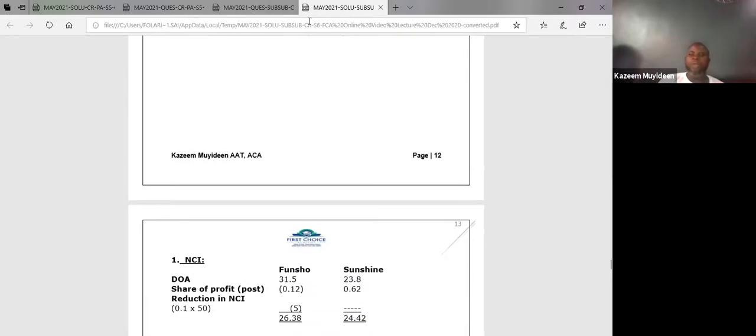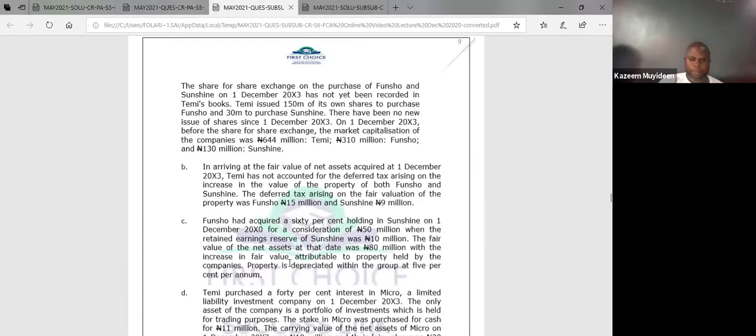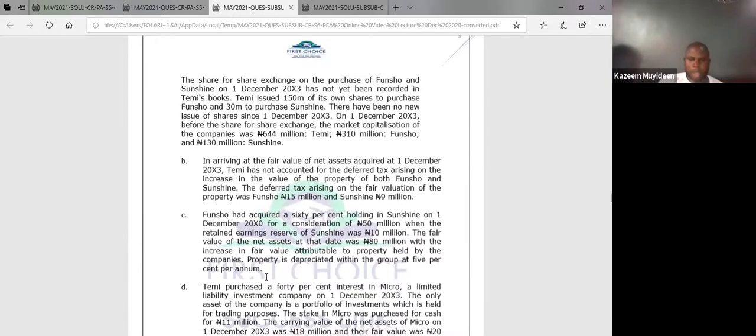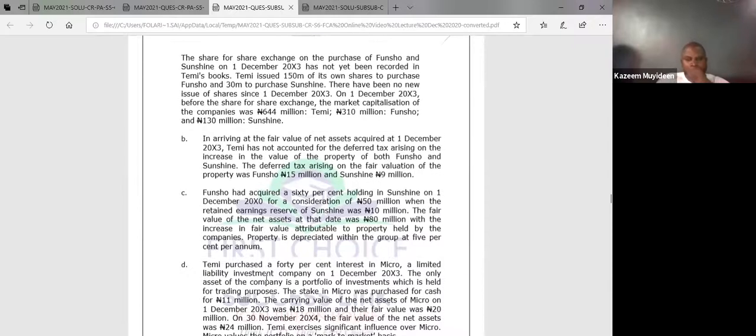Yes, I'll go to the next one. If you look here, the question does not give us the depreciation directly. It gives us in the second information. The fair value of net assets with the increase in the fair value attributed to property held by the company.